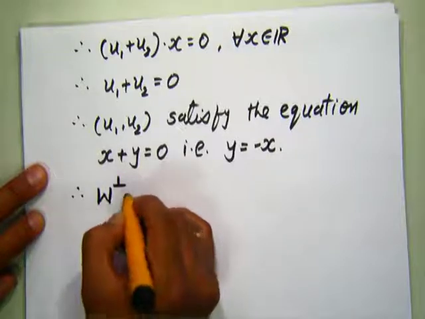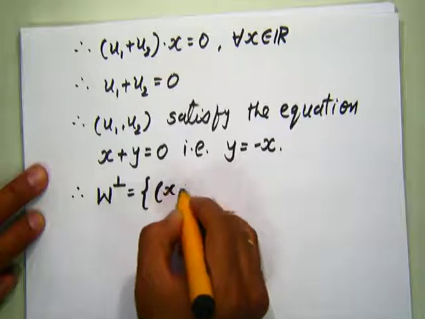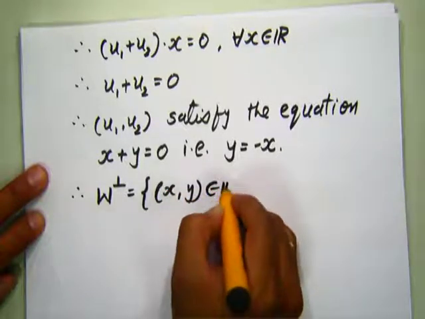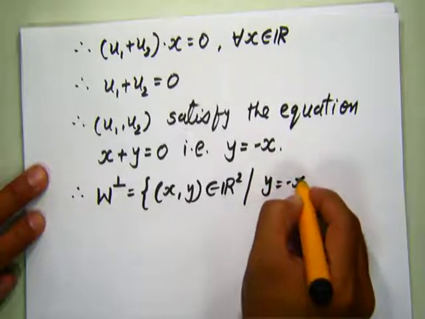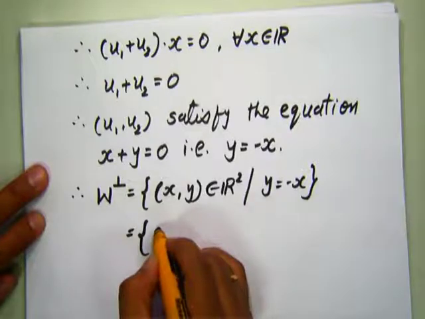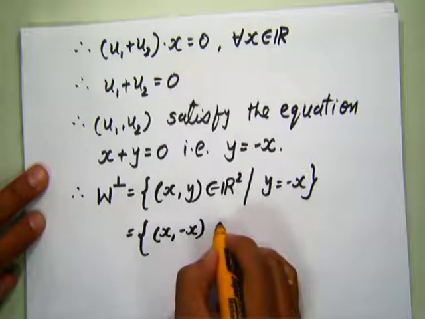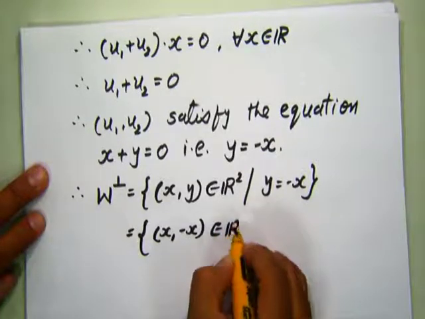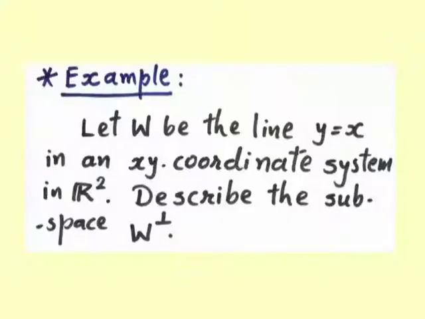So W complement can be written in this form: (x, y) belongs to R2 where y equal to minus x, so it is (x, minus x) belongs to R2. This is the way to find W complement.